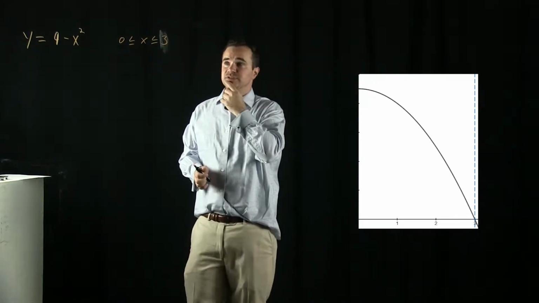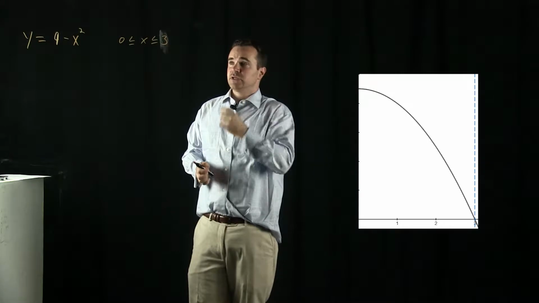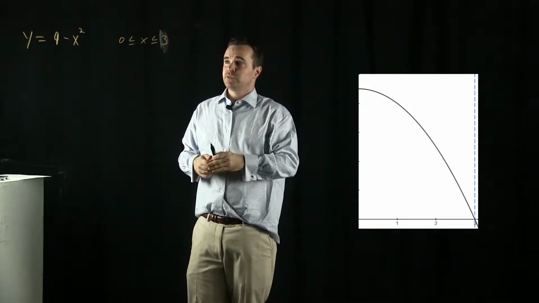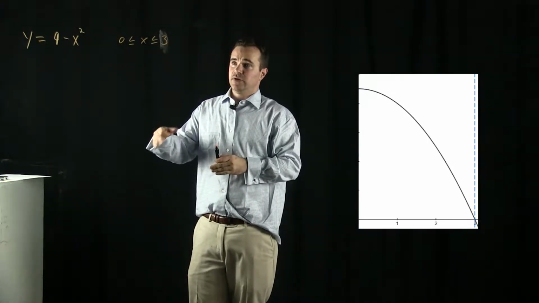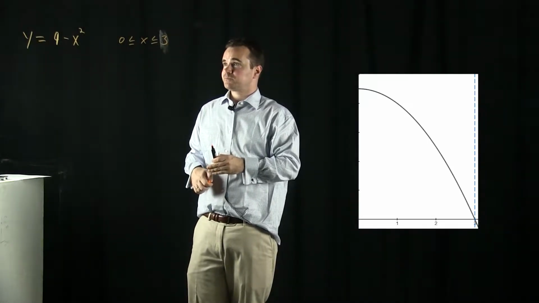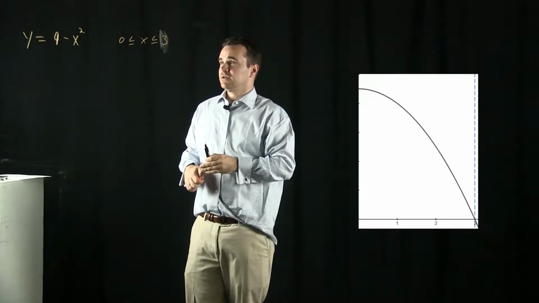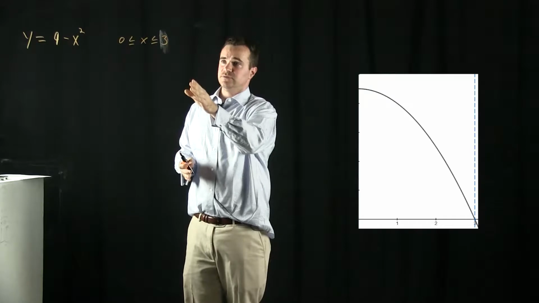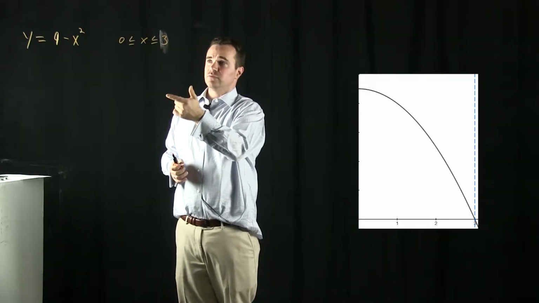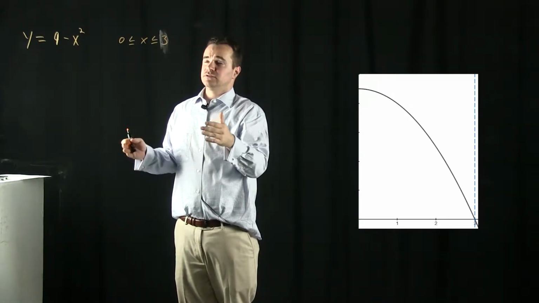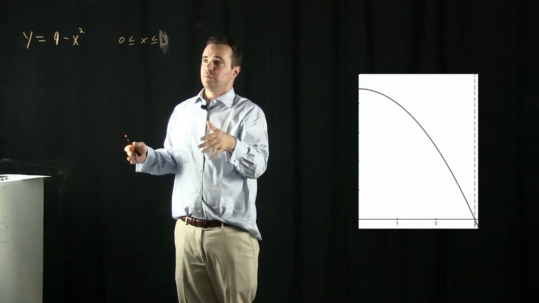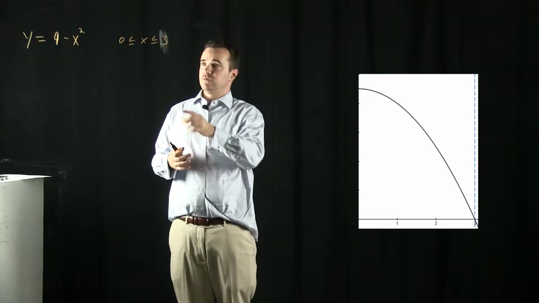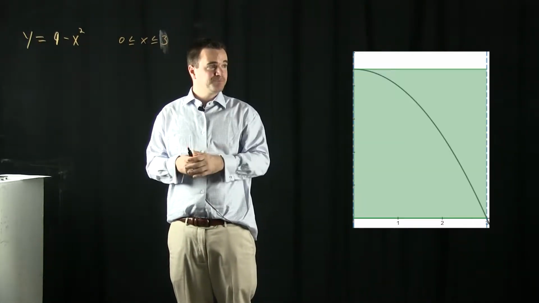The simplest thing I could do is just look at a rectangle. I could take the y value at x equals 0, which has height 9, and take a rectangle of width 3 and height 9. Then my first approximation to the area might be 27. I'll show you a picture of this with one rectangle right there.